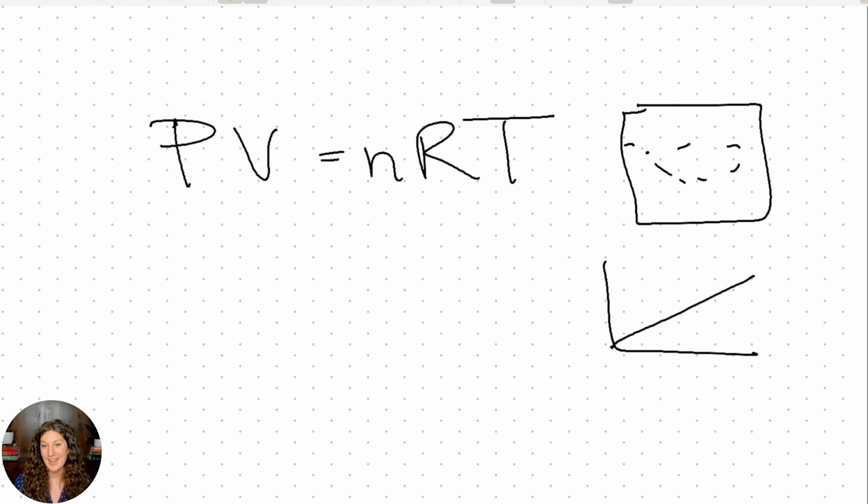So following that pattern, let's do our last one, which is now our final variable that we're going to hold constant. Again, in all these laws, we hold the moles constant. So Gay-Lussac's law is going to hold volume constant. If you guessed that, you are absolutely right. So volume is constant. That is called isovolumetric.